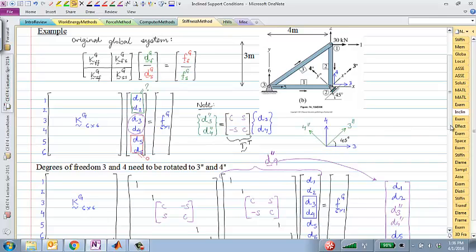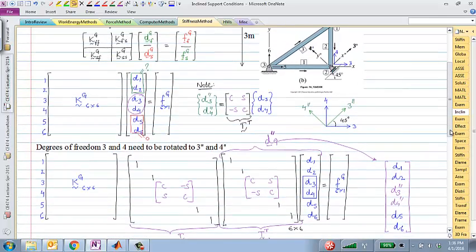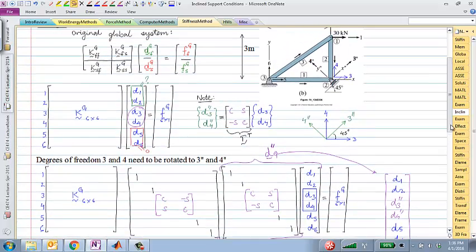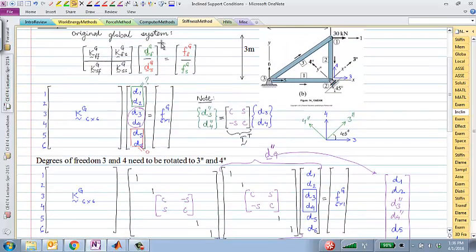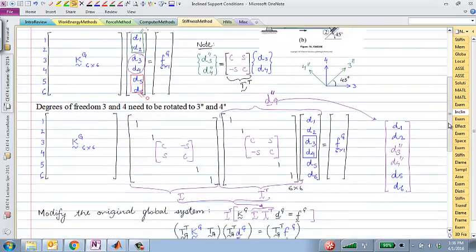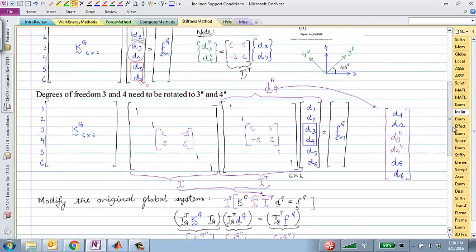So let's call this inclined degrees of freedom. And what we'll do is we'll take this system of equations, which I've written down here as K times d is equal to f. That was the original system we had. And what we'll do is we'll pre-multiply that D matrix with this T transpose.